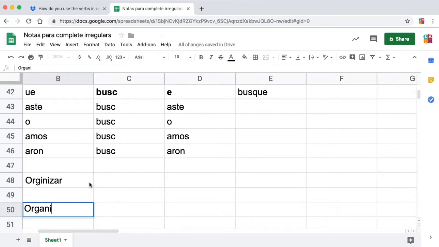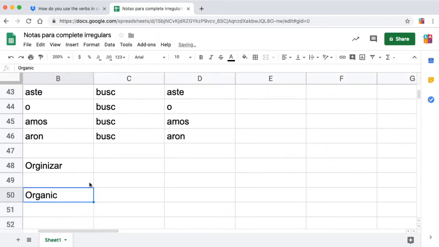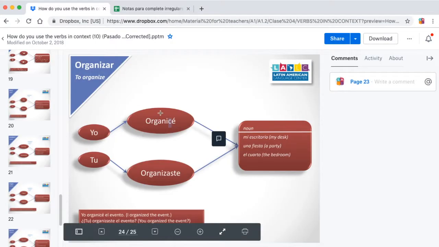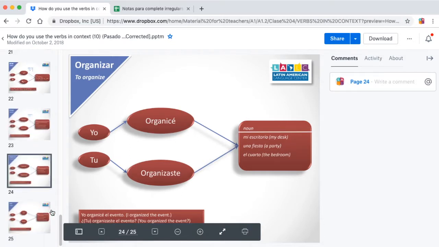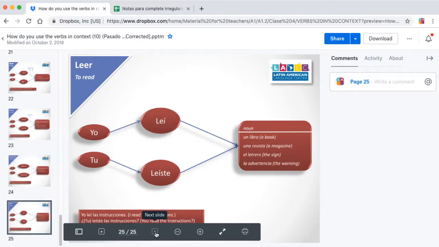Instead of the z, we put a c, okay? But since for us s and theta sound the same, you don't have to worry about this one. At least not in Latin America. Organicé, organizaste. You don't have to do the zaste. Or at least I don't teach with the lisp, okay?